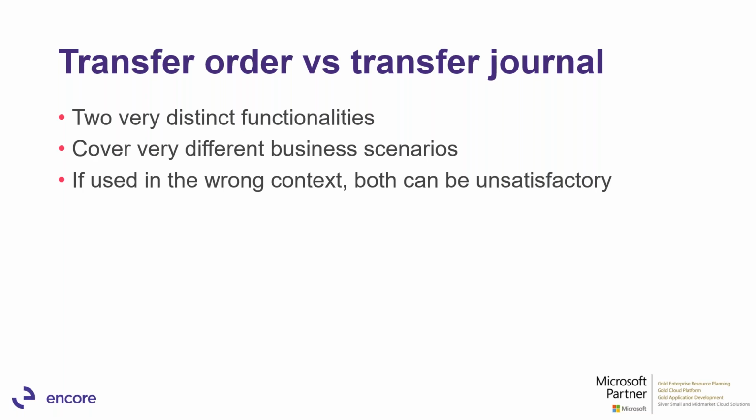These two functionalities sound very similar, except one is an order and one is a journal. But do not let those similar names fool you, because they are pretty different indeed. They were designed to handle completely different business scenarios. And if we apply one or the other under the wrong circumstances, they might feel cumbersome and might not even satisfy all our requirements.